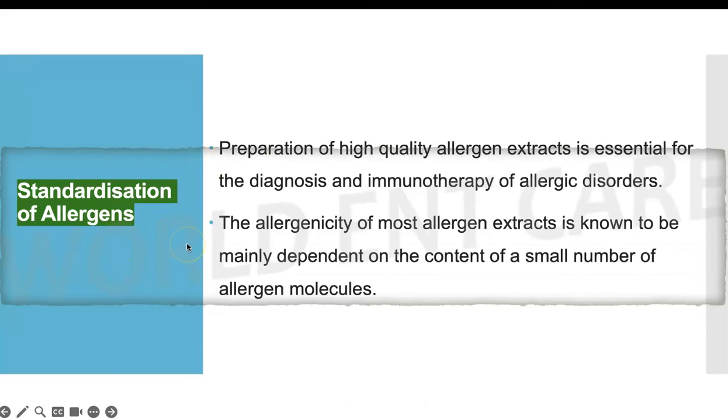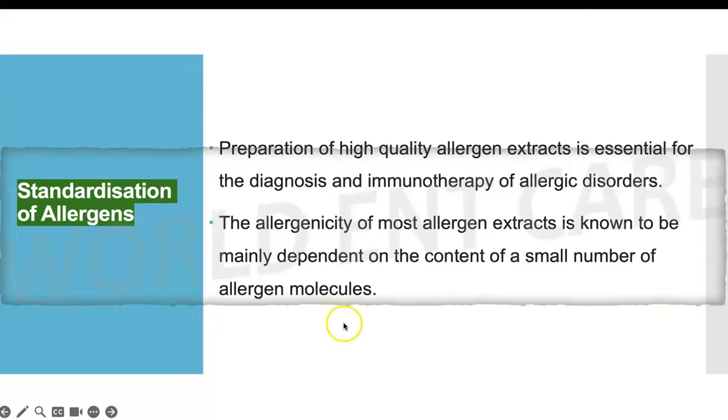Now talking about the standardization of allergens. Preparation of high quality allergen extract is essential for diagnosis and immunotherapy of allergic disorders. Biological standardization of allergen extract concerns determination of allergen unit, development of reference material, and measurement of overall IgE binding capacity of the allergen extract.